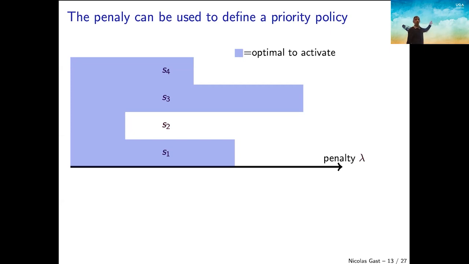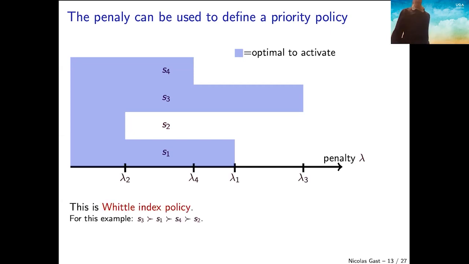The thing that looks reasonable is that the set of optimal policies would look like this, meaning that there exists somehow a value for each state, after which it's optimal not to activate if lambda is too large, and it's optimal to activate below that. If the graph is really like this, then in fact we obtain the Whittle indices and Whittle index policies.